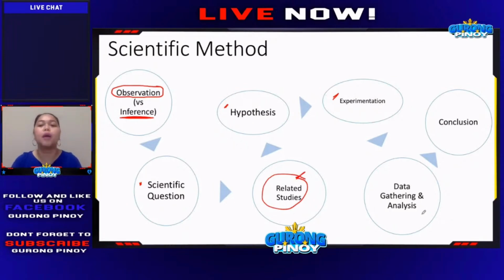Then, of course, we come up with a conclusion. A conclusion would usually just restate your hypothesis if your hypothesis was correct. Or if your hypothesis was wrong, then your conclusion is going to negate your hypothesis. So these, ladies and gentlemen, are the different steps in your scientific method.